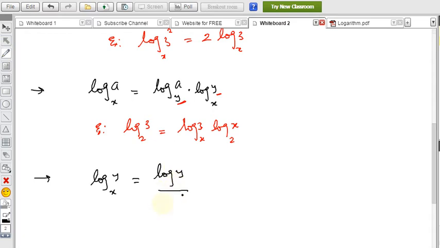Log y by log x, the same base. I'm taking some base a, so we can write like this: log a y by log a x. This is the way. These are another property.